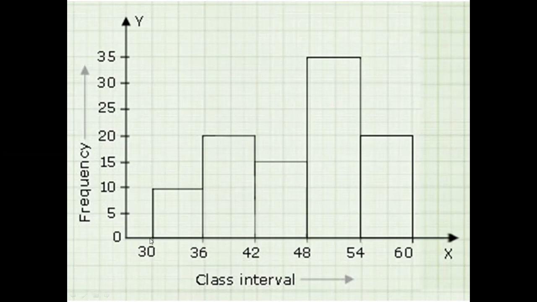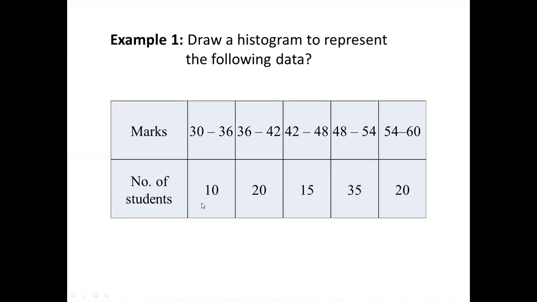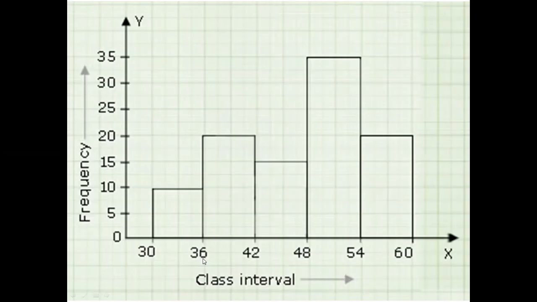Now how many students have scored marks between 30 and 36? There are 10 students. So here you consider the frequency as 10. So the height of the bar which you are going to draw will be 10. From this x-axis, your line segment will go up to 10, and it should be a vertical line segment.